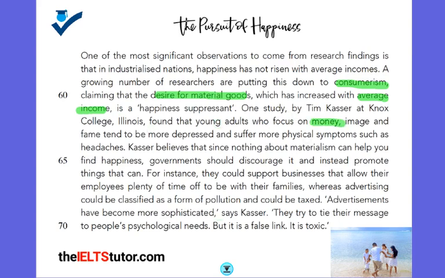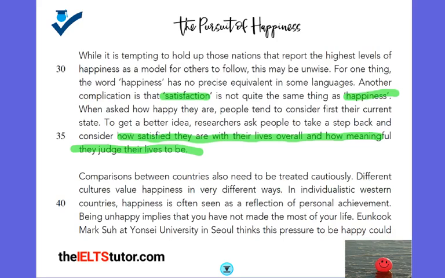So we've got a few key words here that relate to wealth, consumerism, and so on, that occur in paragraph 7 and 6. Okay, so that's where you find the topic.